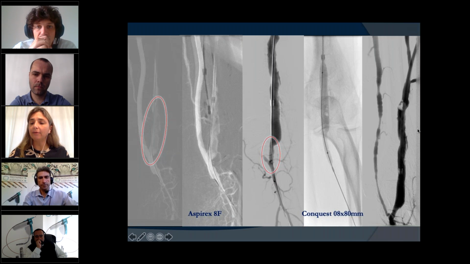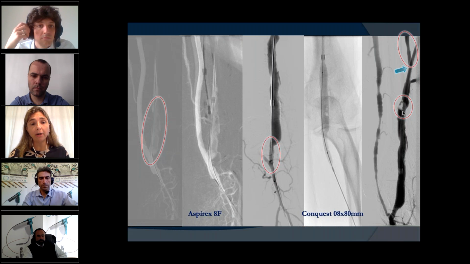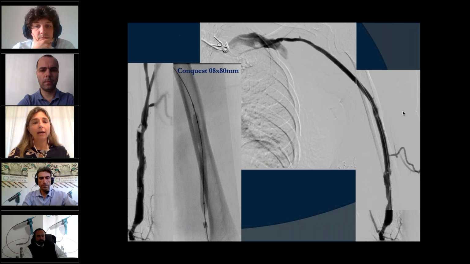We may see then there is missing clot in the distal outflow tract and a lesion, and this is the retrograde puncture site. We are not able to treat both lesions through this puncture, so we're going to have to go to a second puncture, a double puncture in an antegrade way, as close as possible to the anastomosis.